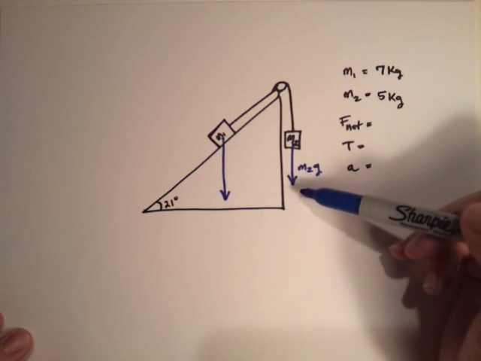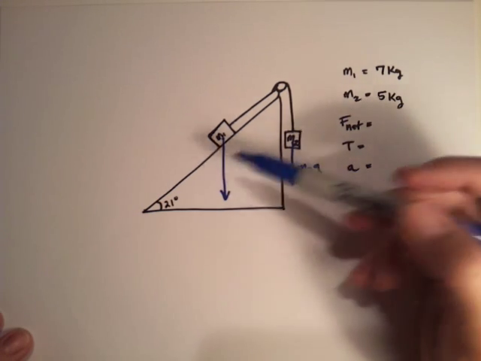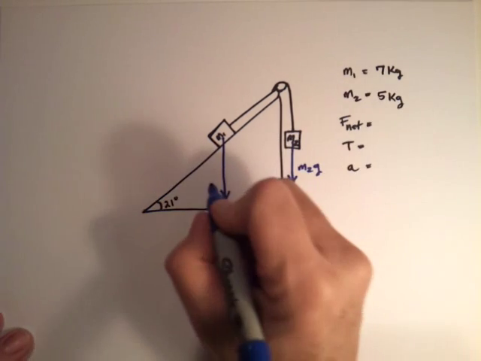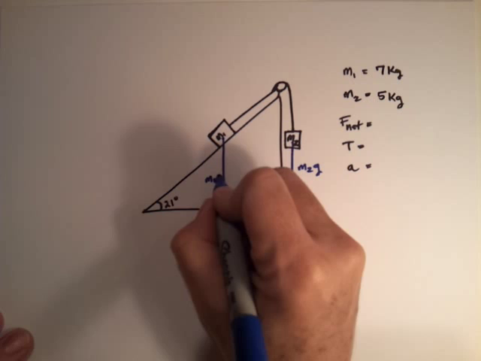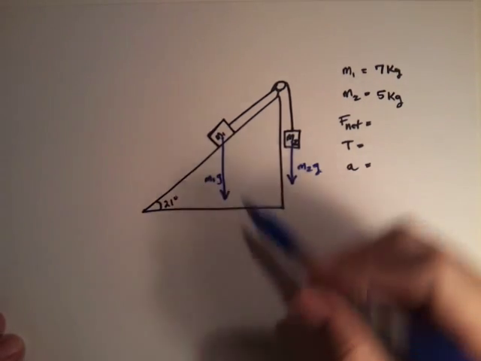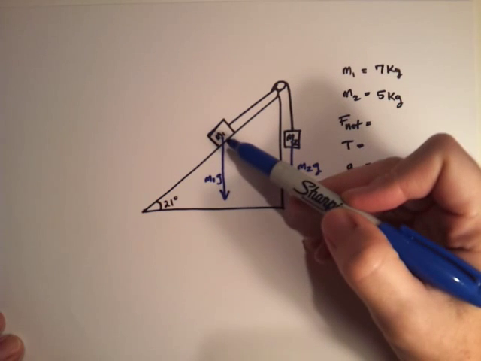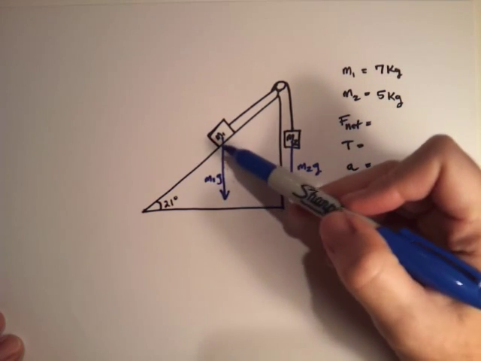It's directly vertical. With this one, this is M1G, but you'll see that this surface is at an angle to the weight, which means I'm going to have to break the weight into components.